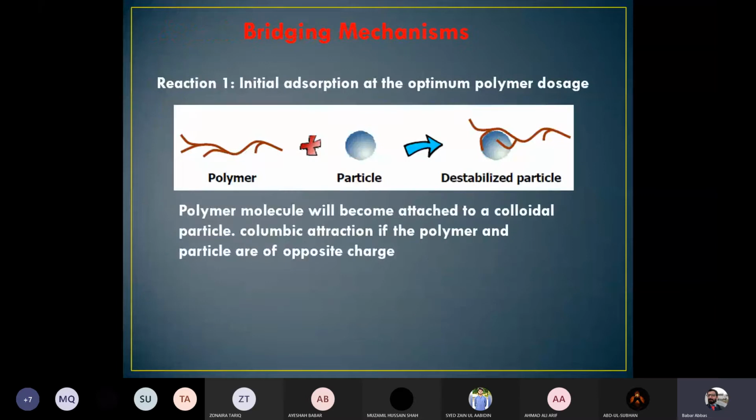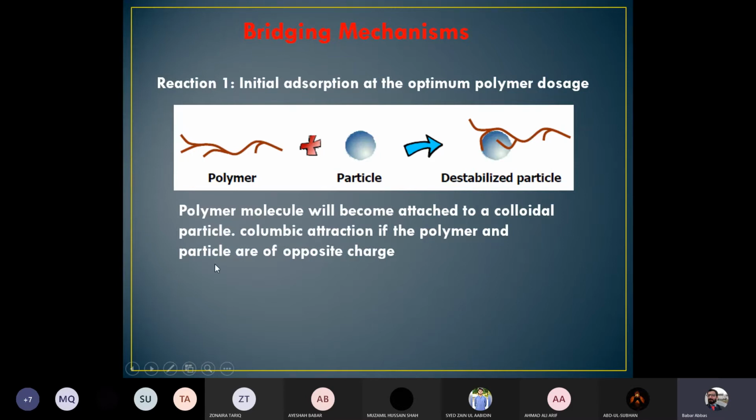The joining or bridging of these proteins and inorganic materials is described here: we have some polymer, also considered an additional chemical which is added by the plant operator, and then we have a particle which was not settling down in the normal water sample. After the addition of these polymers, both of these join together and the particle destabilizes due to the heavier weight as compared to the previous one.